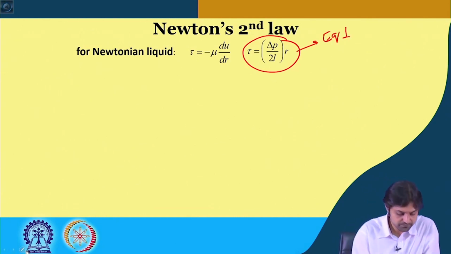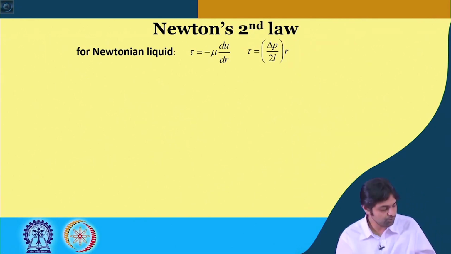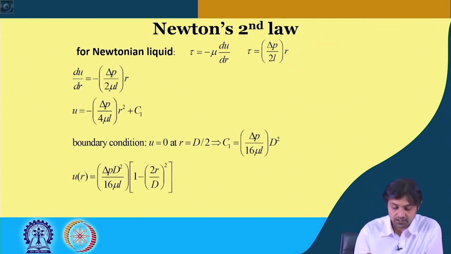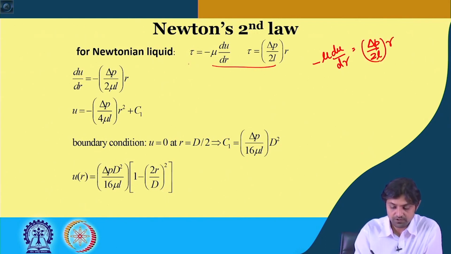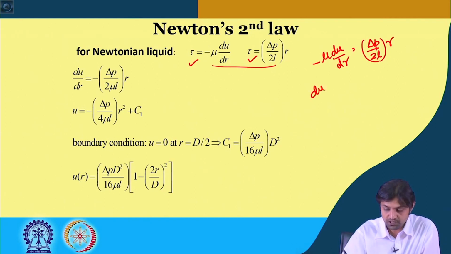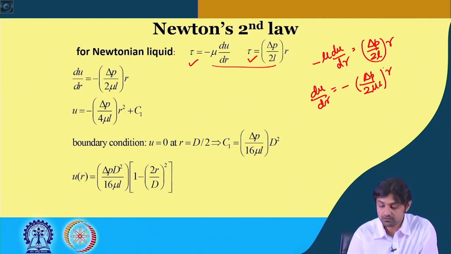Taking both together, we equate these two, and this becomes minus mu du/dr equal to delta P by 2L into r. So du/dr can be written as minus delta P by 2 mu L into r.